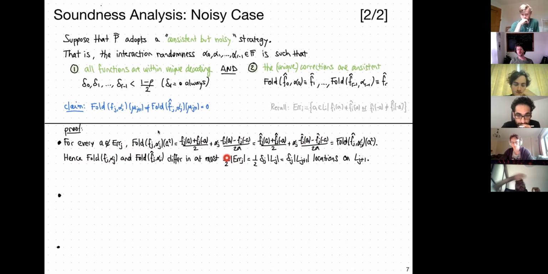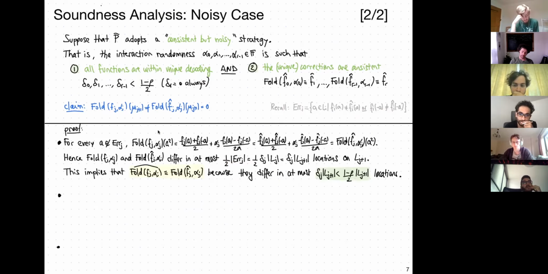But can anyone tell me why there is a factor of half? Yes, so as Tal is writing in the comments, it's because of the squaring that we're doing, because the error could come from here or from here, and so we have this factor of half. But that's the only thing.